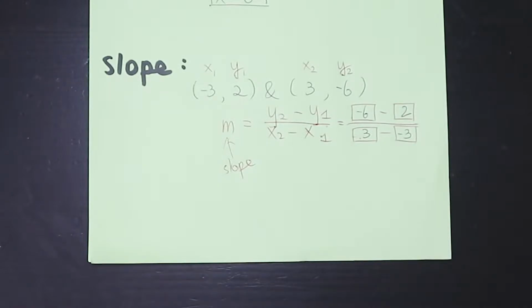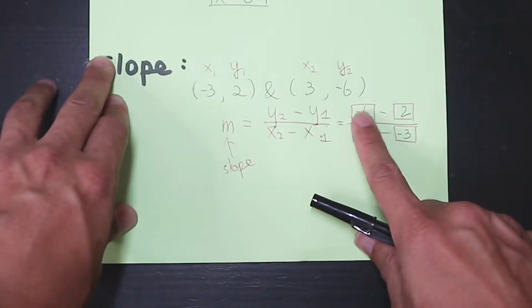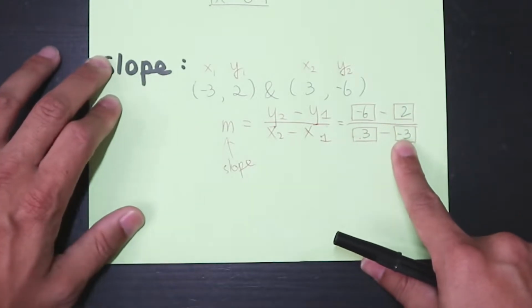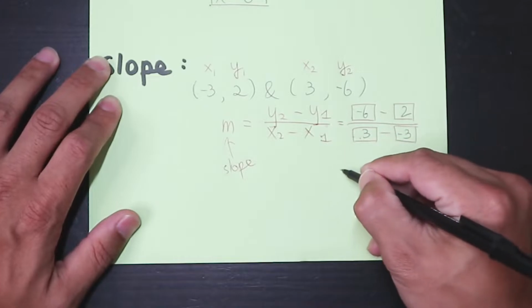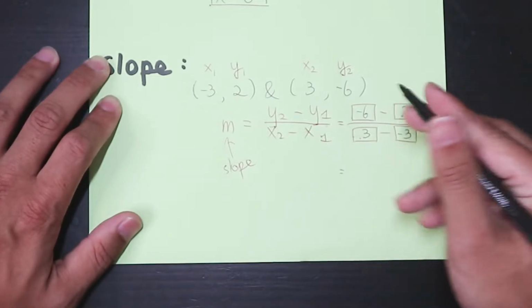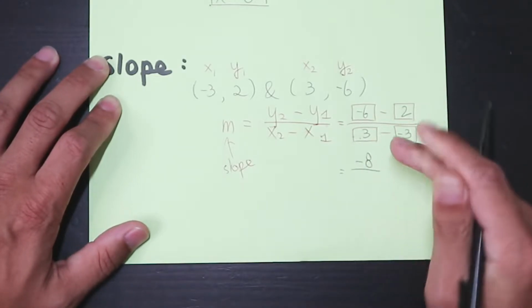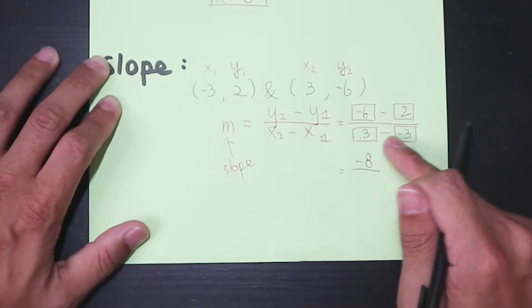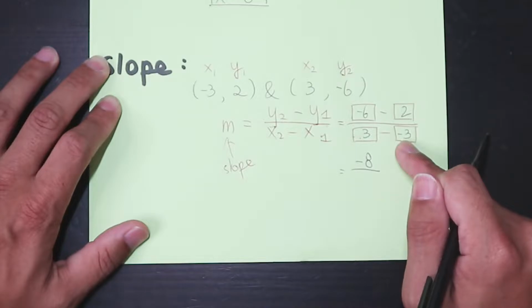After that, you simplify this fraction with the subtraction on the numerator and denominator. You can use a calculator. Negative 6 minus 2, you get negative 8. Then 3 minus negative 3 is the same as a plus, right? When you see two negatives next to each other, it just becomes a plus.